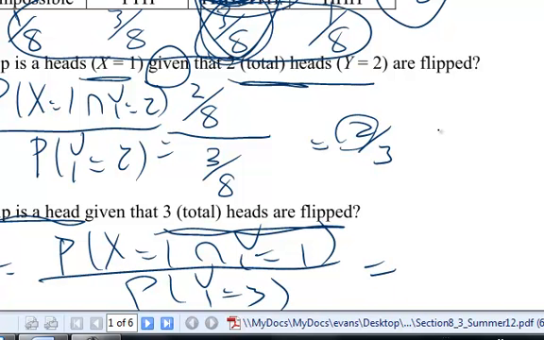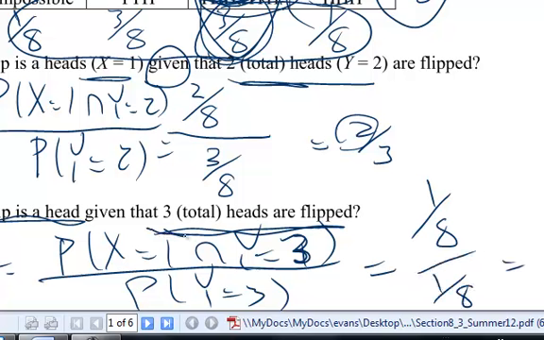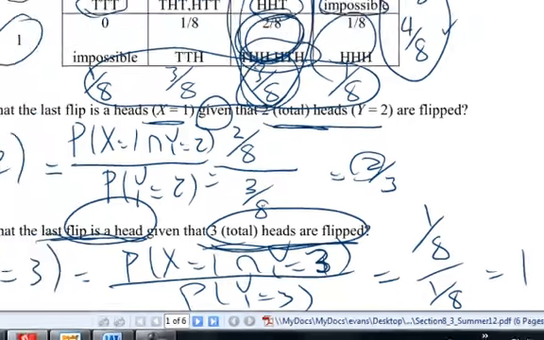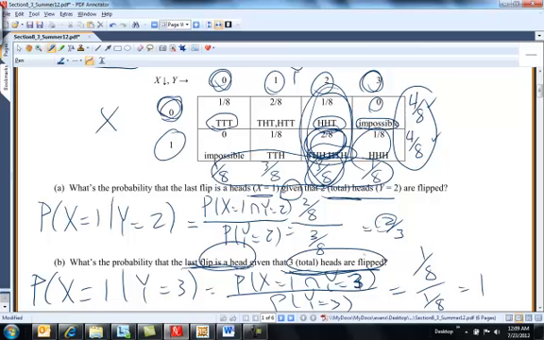X equals 1, y equals 3 is right here, which is 1/8, divided by the probability that y is equal to 3, which is 1/8. So this is certain, which kind of makes sense. If you have 3 total heads, then the last flip has to be a head. If you have 3 coin tosses and 3 are heads, the last has to be a head. So this is a certain event.